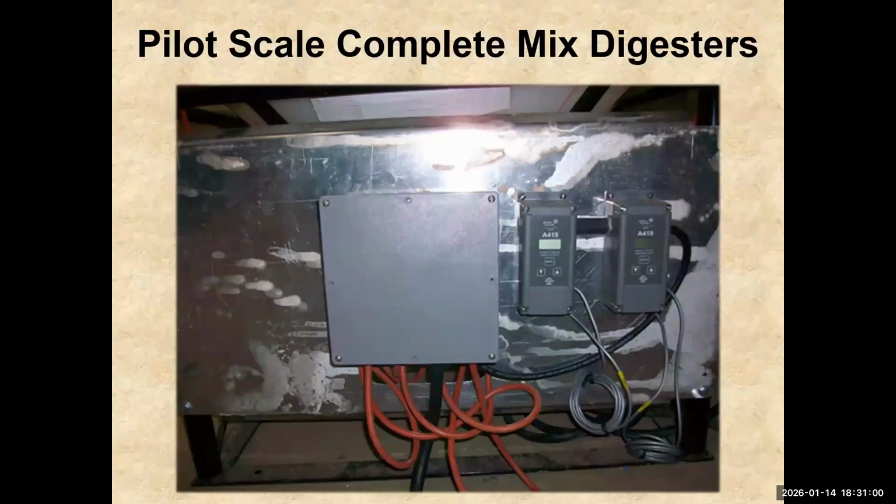We also wired the digester's temperature control panel so that we can continuously monitor and simultaneously control the digester's internal as well as the external temperature. So when the manure inside the digester dropped below 35 degrees Celsius, the heating blankets would turn back on.